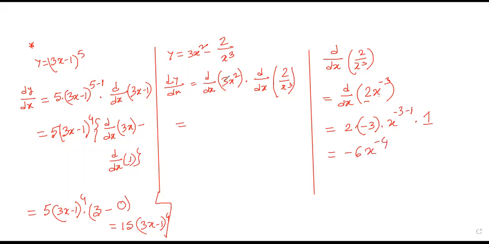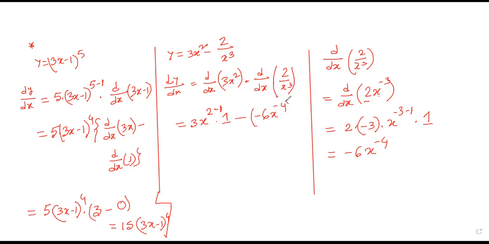So we write it here, 3 x to the power... Then if we differentiate the base, it will be 1 because it is only x. And get the minus sign.